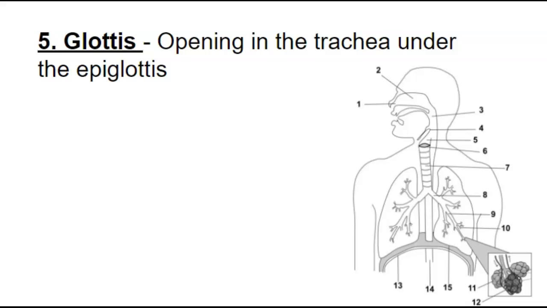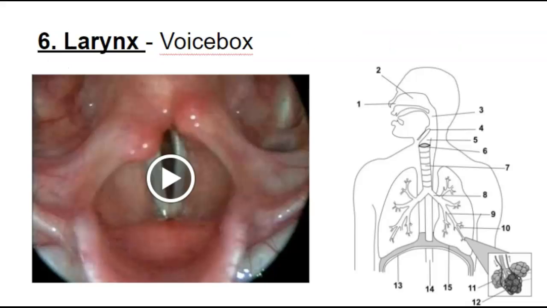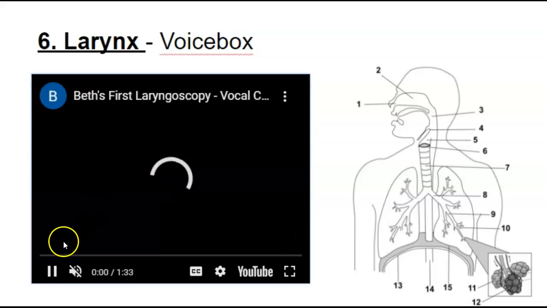Then we get to the larynx, your voice box, your vocal cords. And your voice box is actually these 2 little membranes that vibrate against each other.